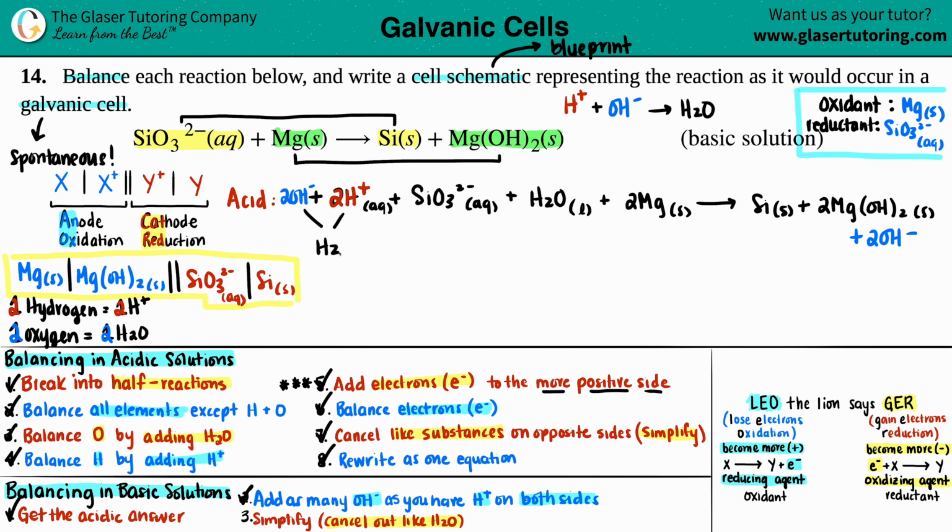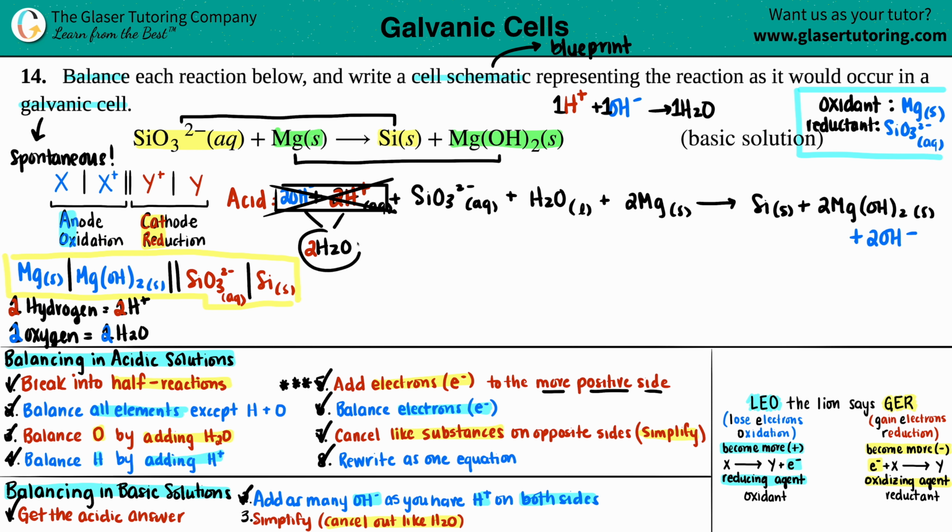But how many? If I had 1 H plus and 1 OH minus, I get 1 H2O. But if I have 2 and 2, I get 2. And that's what's happening here. 2 OHs plus 2 H pluses, I get 2 H2Os. And basically, this now goes bye-bye.